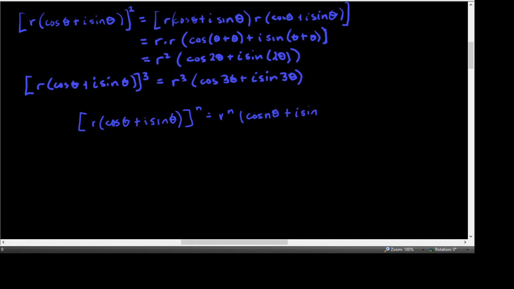So we raise the r to the power of n, and we multiply the theta by n.